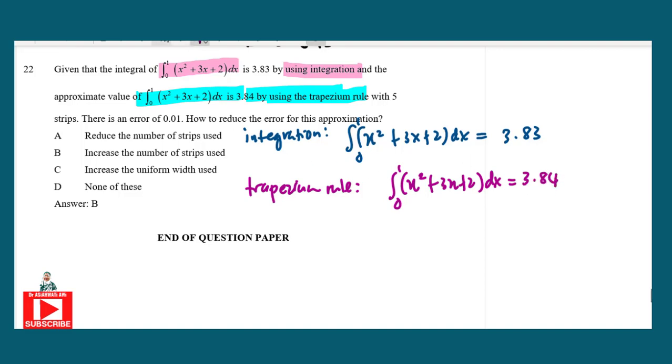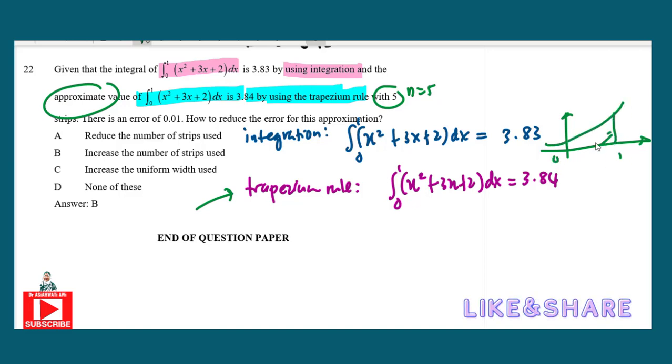A trapezium only approximates the value. Okay, so with n equal to 5, that means 5 trapezium. Find the area. Integration is direct. Let's say the graph for the quadratic is something like this, from 0 to 1. So just find the area, include all the area below the graph.